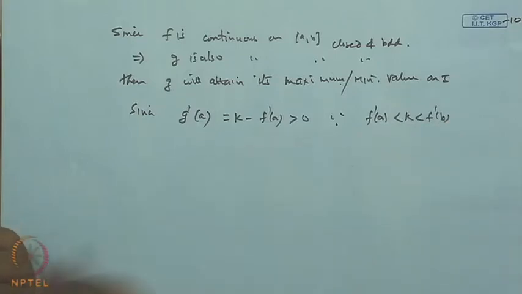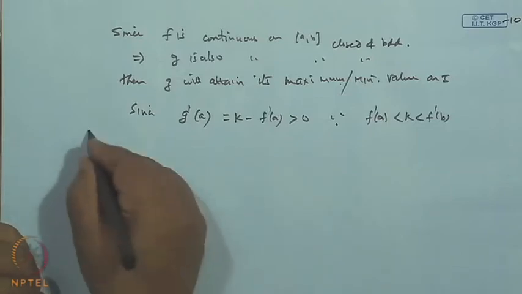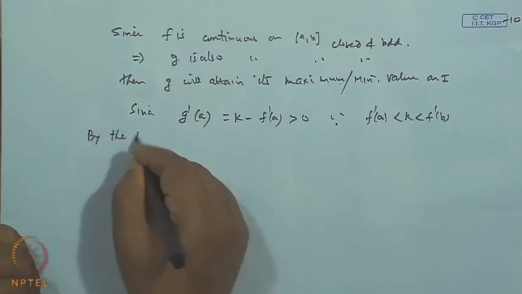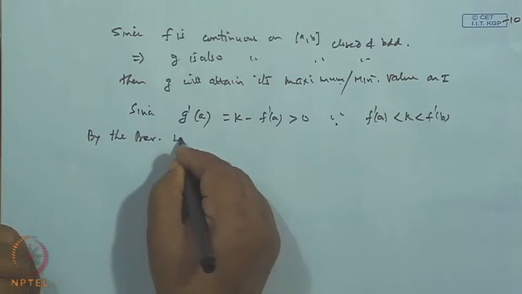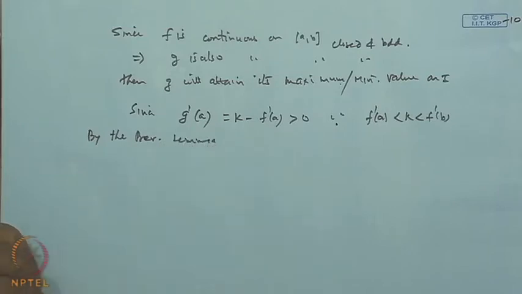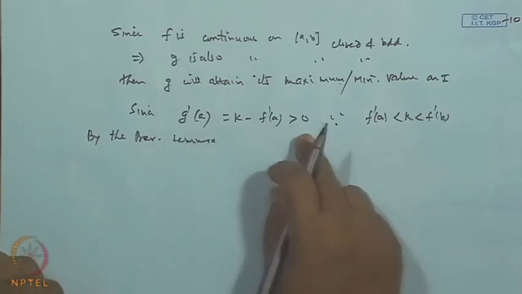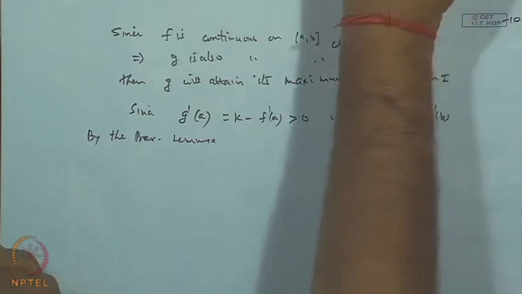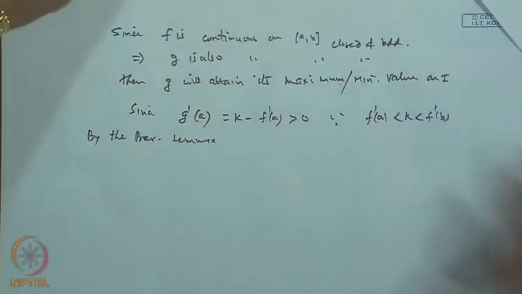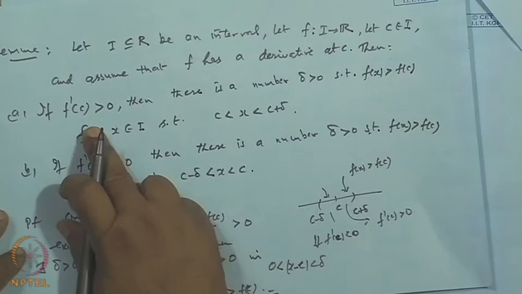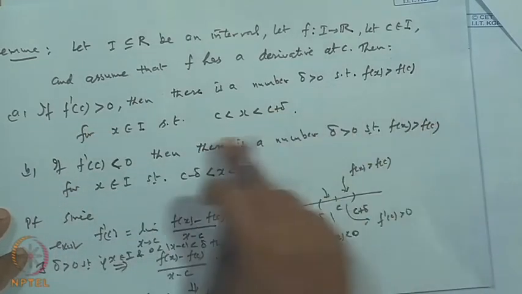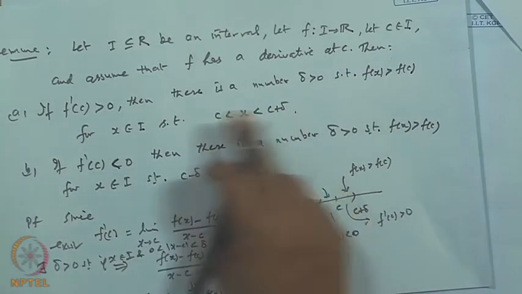Now, it follows from the previous lemma: if the derivative is positive, then there is a number delta such that on the right-hand side neighborhood, the function value will be greater than the value at the point.